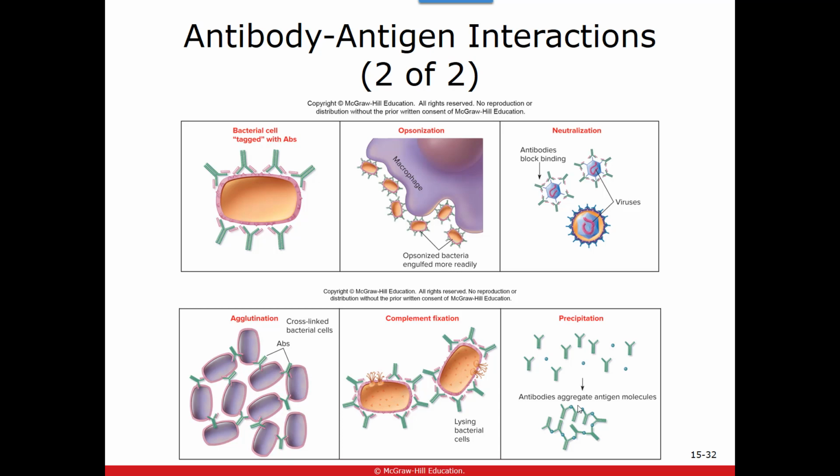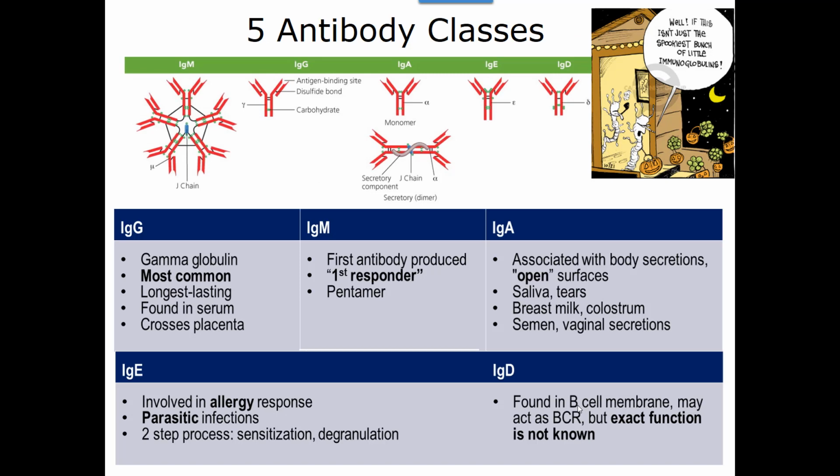Now, there are 5 different antibody classes. So although they're all specific for a foreign invader, specific for an antigen, there are 5 classes. It has to do with their shape, how they hang out together. Of the 5 classes of antibodies, they're all named for Greek letters.